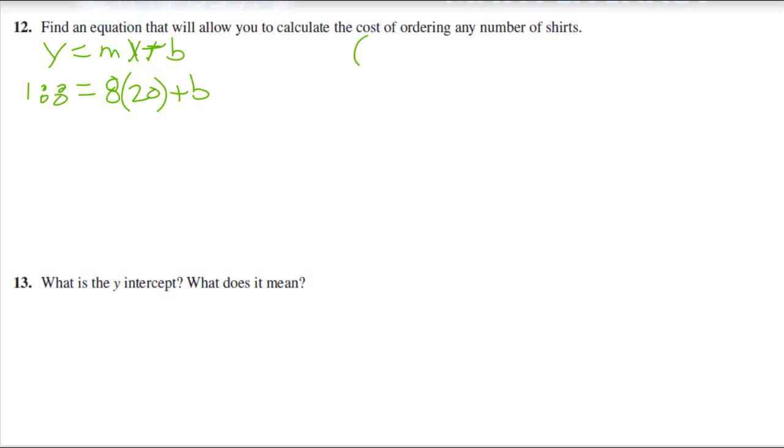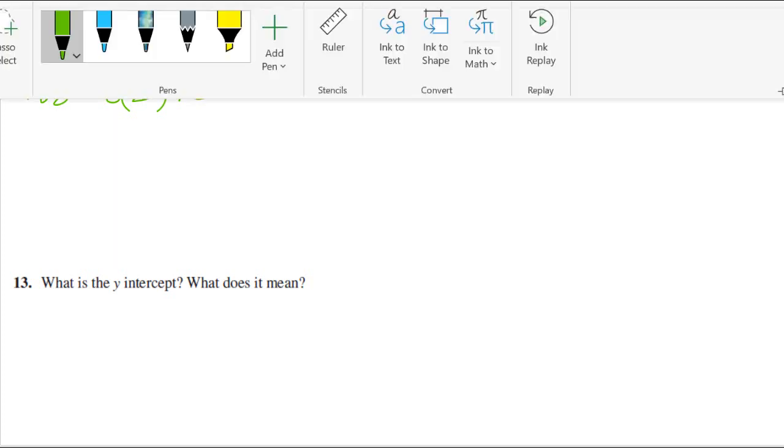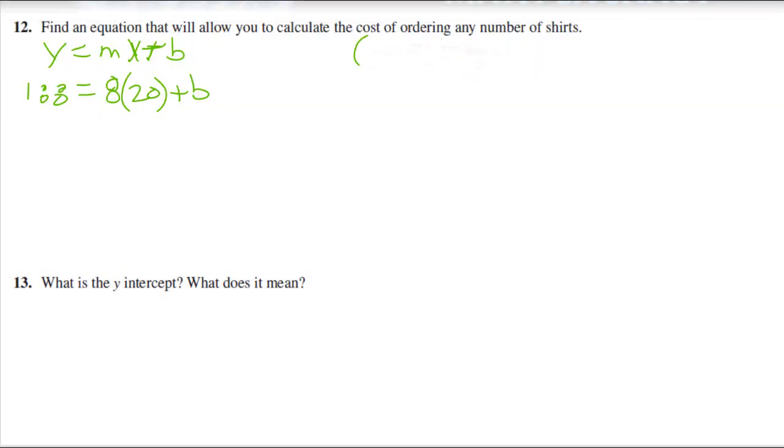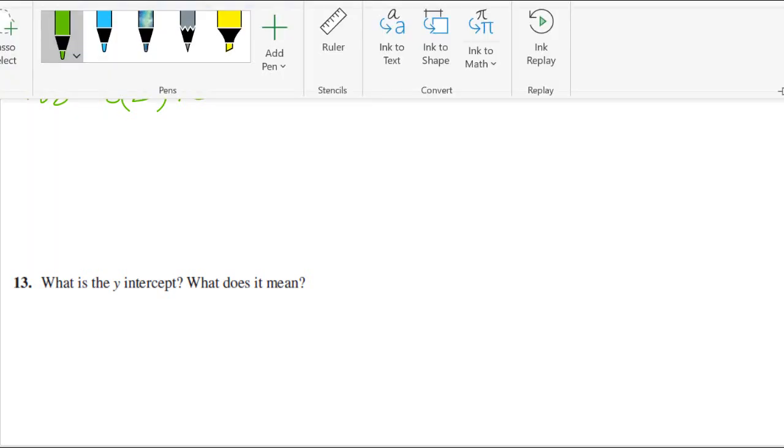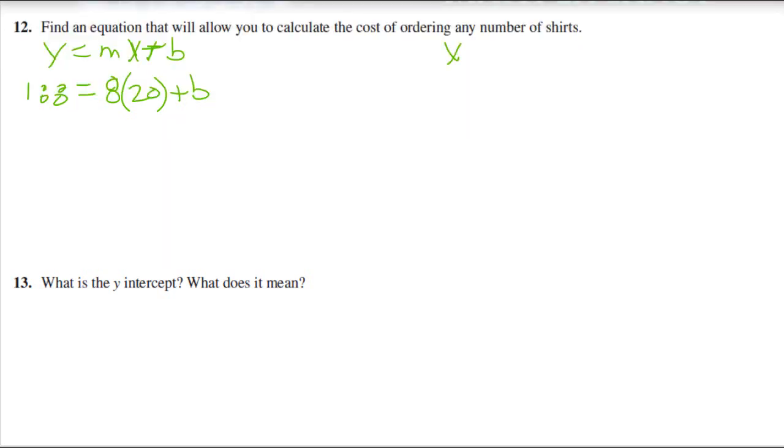Or we can go to our point slope form. We can say y minus, and I'm going to use the same y that I used on the left-hand side. Remember, I'm doing 2 different things here. You only have to do one of them. 8 times that. Just like I did with the y equals mx plus b, I'm going to write the standard form, just so you see that.